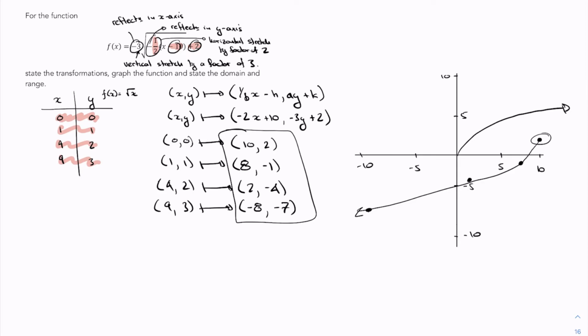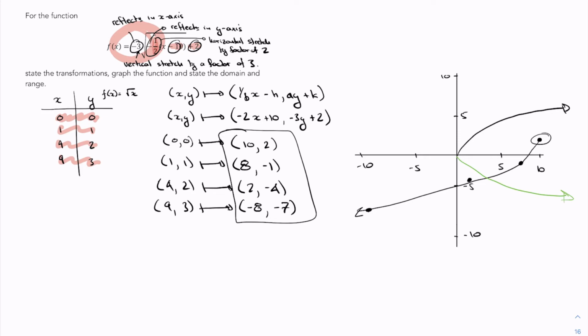Now, the negative 3, remember, is going to reflect us in the x-axis. So let me use a different color here. This original one will be reflected down here. I don't care about the stretch or compression, I just want to look at the reflection.